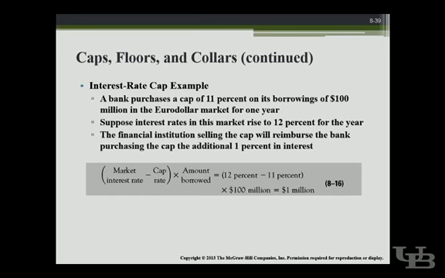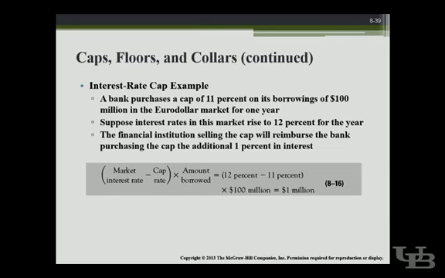If the business is concerned about rising interest rates on a variable rate loan, they will ask the bank to cap the rate, and in return the business will pay a fee to the bank. For that fee, the bank will cap the rate.